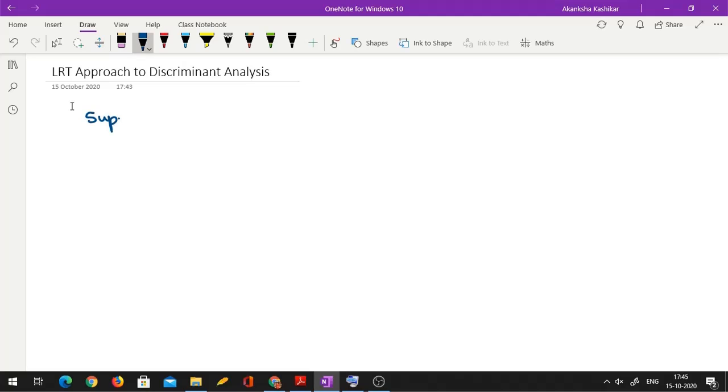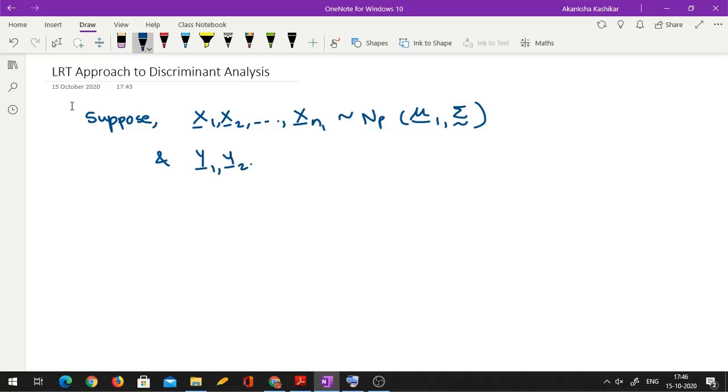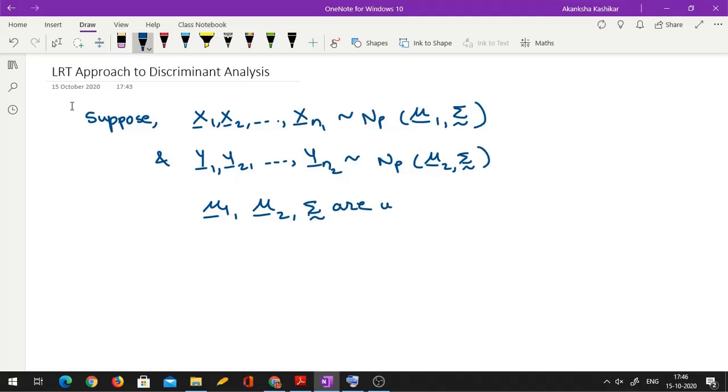Suppose we have two populations, so I have x1, x2, up to xn1 coming from Np(mu1, sigma), and suppose I have y1, y2, up to yn2 coming from Np(mu2, sigma), and mu1, mu2, sigma are all unknown.